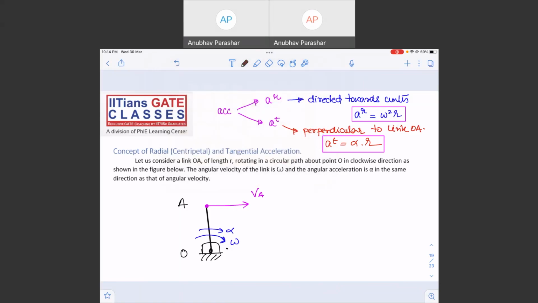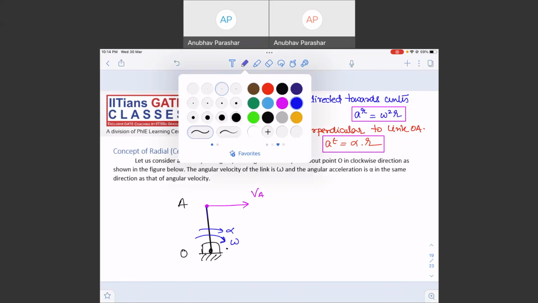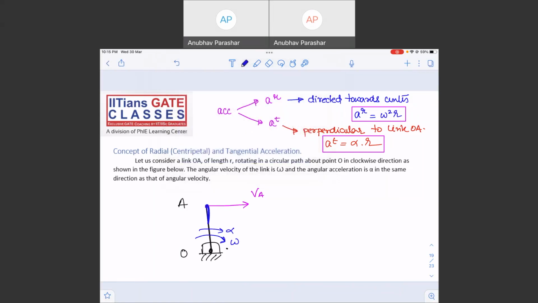Now let us see the direction. This is the direction of radial acceleration, AR, and this is the direction of tangential acceleration, AT. Tangential acceleration has the same direction as alpha. If alpha is in this direction, tangential acceleration is in this direction.